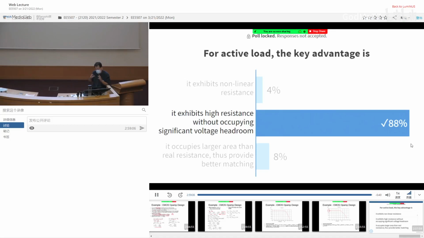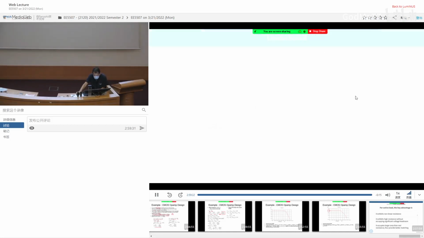So for MOSFET and for resistor, if you make a larger area, matching is better. But you cannot talk about matching between resistor and MOSFET. You can only talk about, if I use a MOSFET to get the matching, is it better than using a resistor to get the matching? Ultimately, it depends on the size. Okay? So that's it for today's lecture.